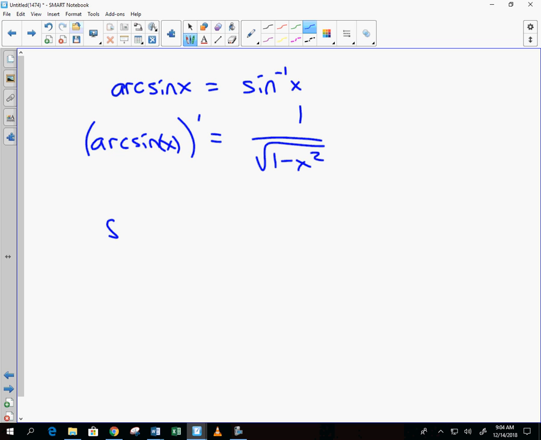Since sine inverse of x is the same thing as arc sine, if you take the derivative of it, you get that same thing. So they produce the same derivative. Better? All right.